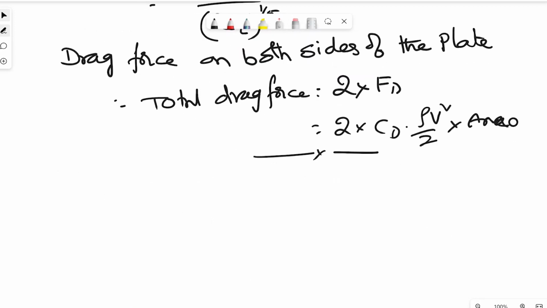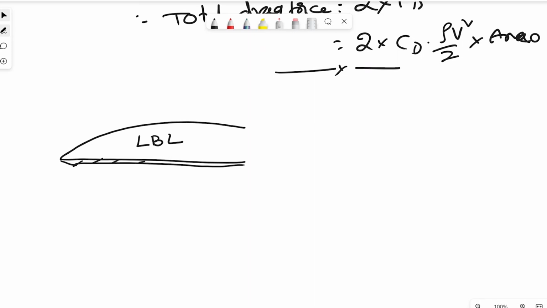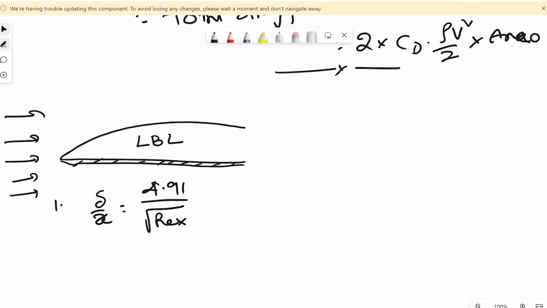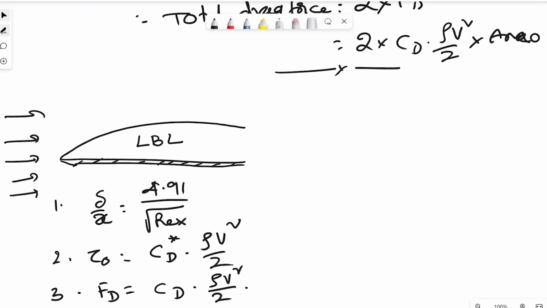Now the basic thing is, for example, suppose this is the plate, right? The entire boundary layer is only a laminar boundary layer. Then we have found the formula delta by x is equal to 4.91 divided by root Rex for the thickness. We have found tau naught is equal to CD star into rho V square by 2, and the drag force is CD into rho V square by 2 into area.